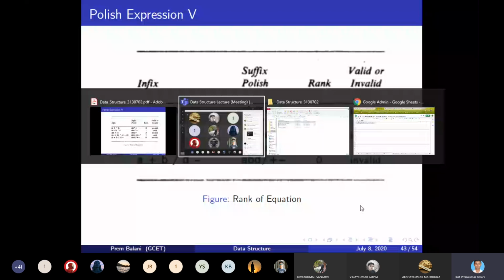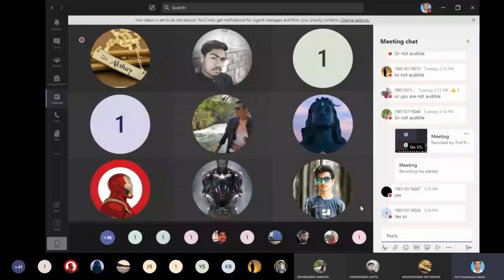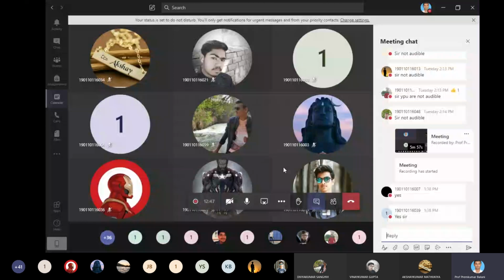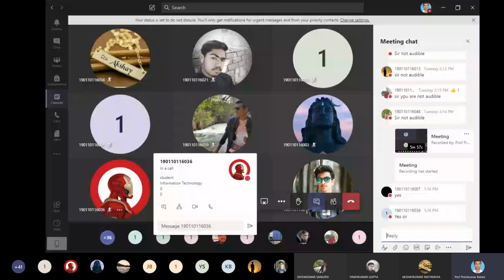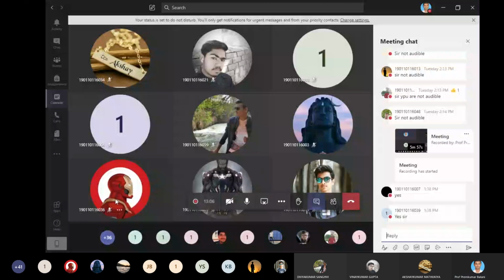Should I look at the chat? Okay, in chat also no one is there. Look, I am happy that many of you have changed your profile picture with nice photographs. Thank you for that. Some have kept Adi Yogi as a profile photo. Some have kept, what is this? What is this character? Is it Spider-Man or Iron Man? Roll number 36, Iron Man.